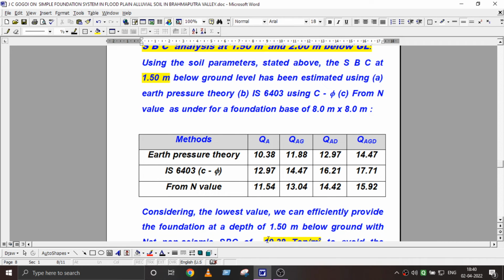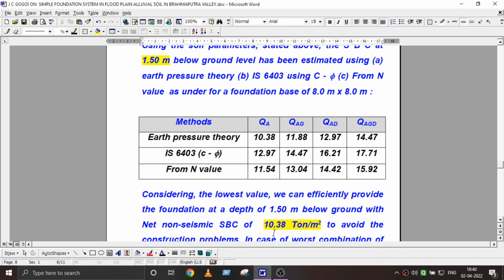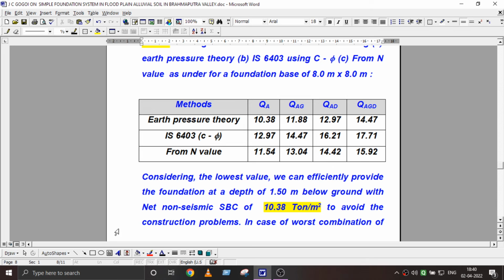Considering the lowest value, we can efficiently provide the foundation at a depth of 1.5 meter, considering a net non-seismic SBC of 10.38 ton per meter square, to avoid construction problems.